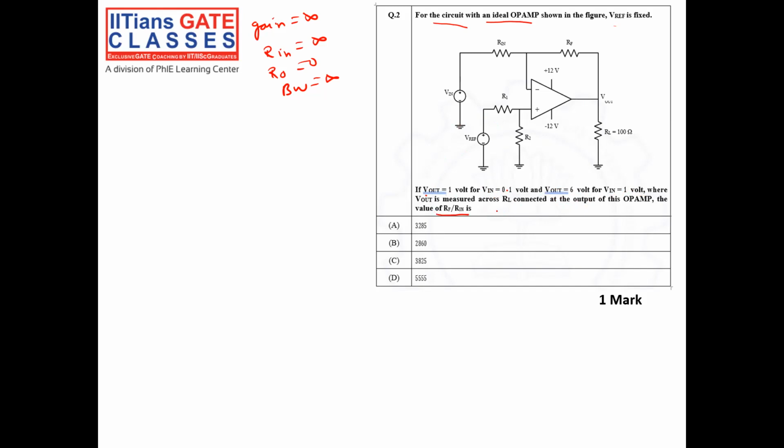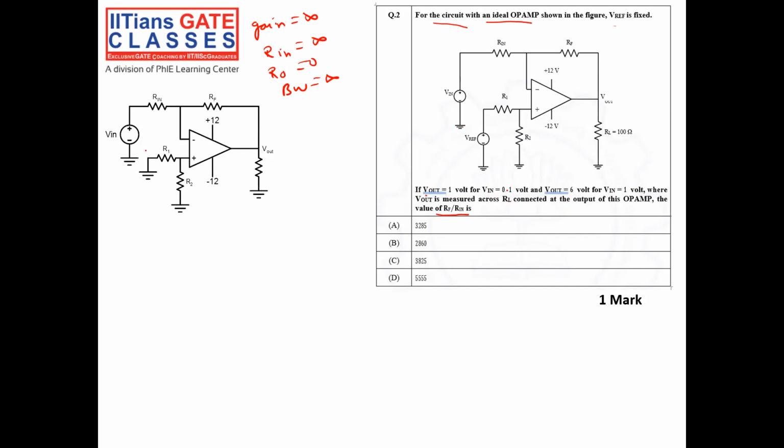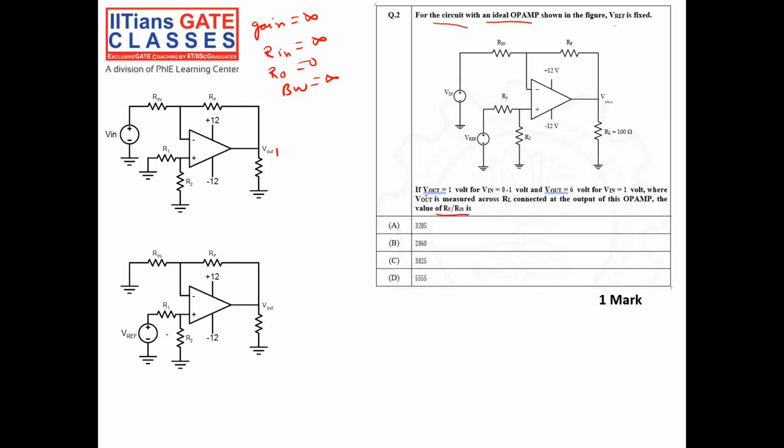Okay, so now what we have to do? We have to use the superposition theorem. First we'll calculate V out only when V in is present, let it be V out 1. Then we'll calculate V out only when V ref is present, let it be V out 2.